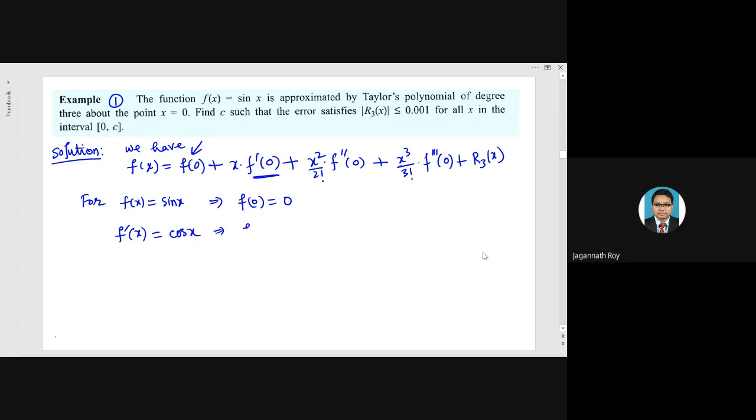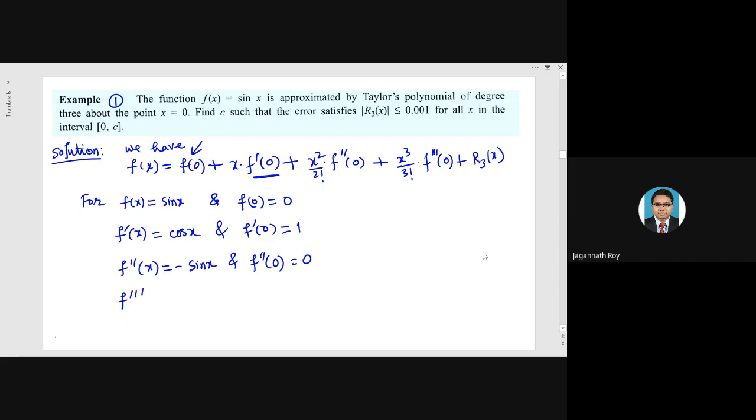So this will imply f of, and let us not imply, because we have to substitute. So we'll write f dash of 0 is equal to 1. F double dash of x is minus sine of x, and f double dash of 0 becomes 0.